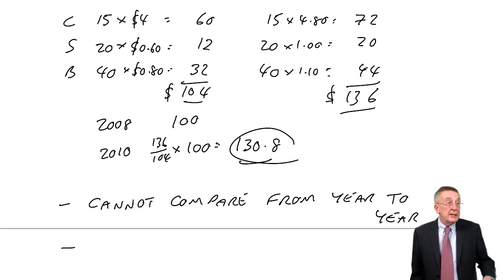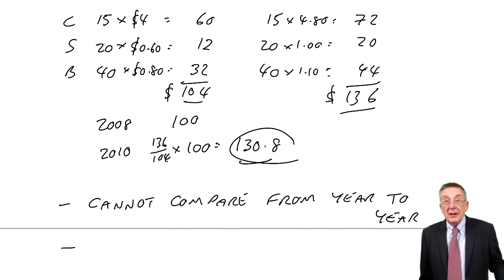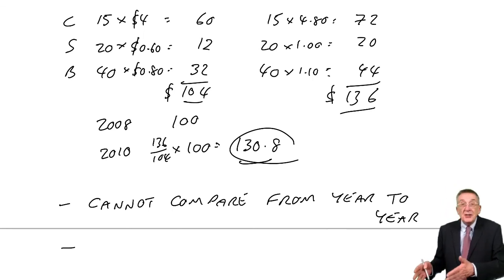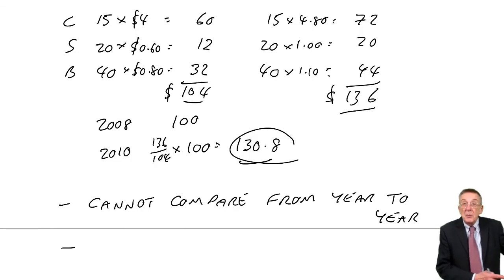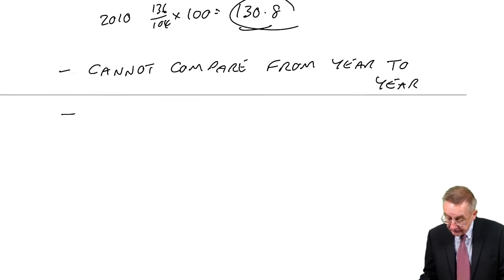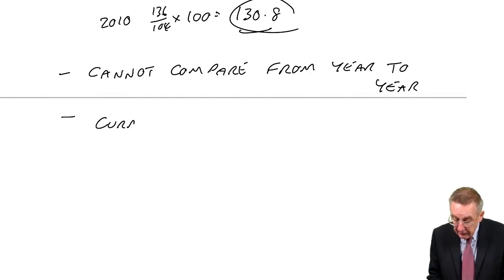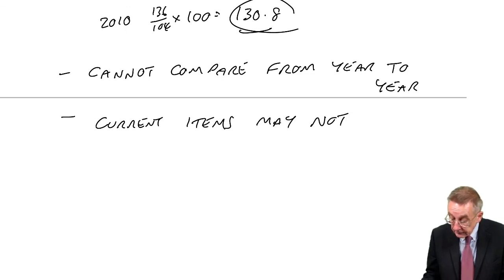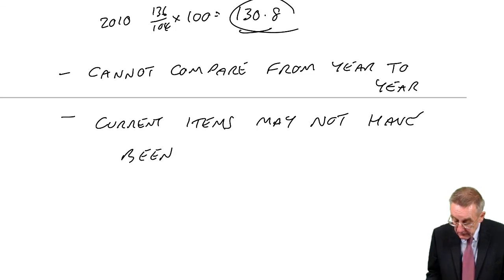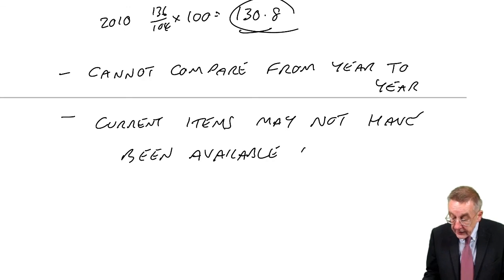But if the base period is 20 years ago, well, digital downloads weren't available 20 years ago. How can you work out the price of the current basket? So current items may not have been available in the base year.